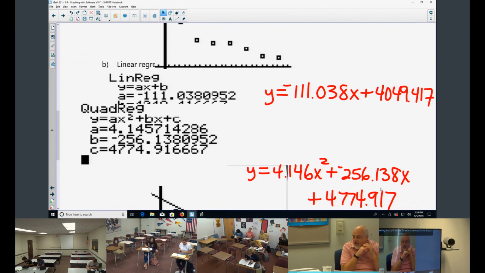And then the last thing, use each equation to predict the number of deaths in 2020. From 1970 to 2020, how many years is that? 50. So you plug 50 in for X into each of these equations and calculate it. We'll check that on Monday, but we're running out of time to do that right now.